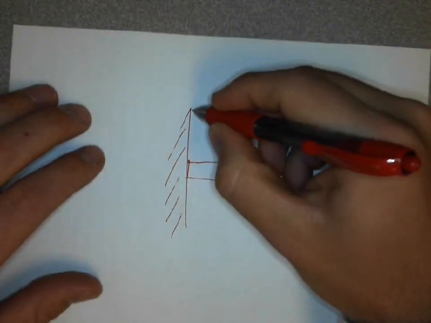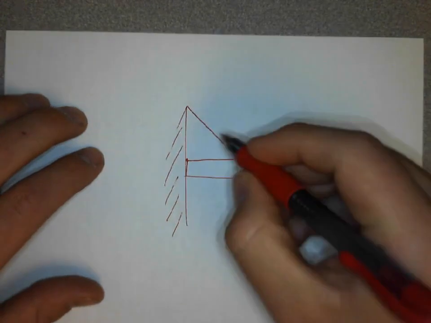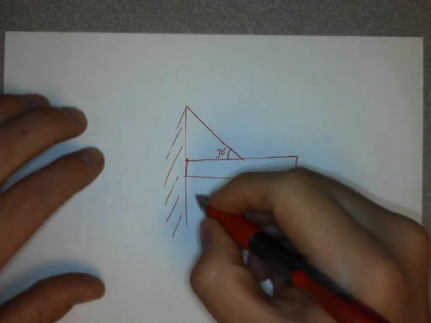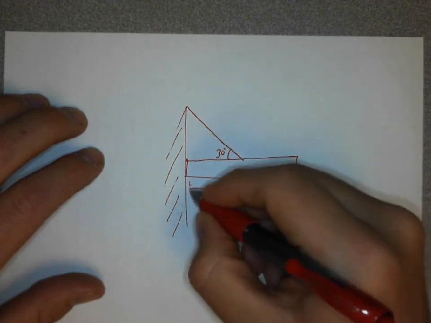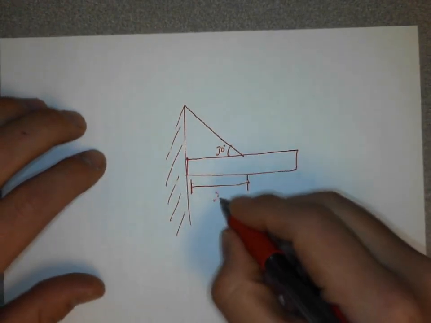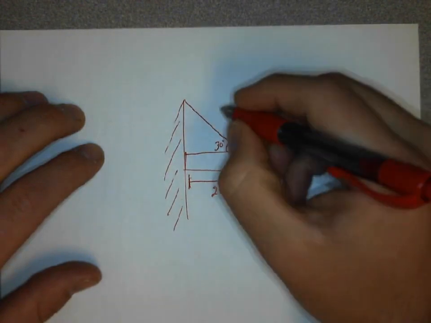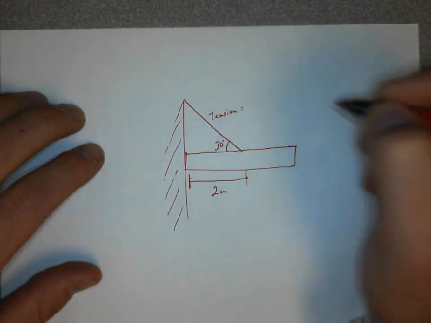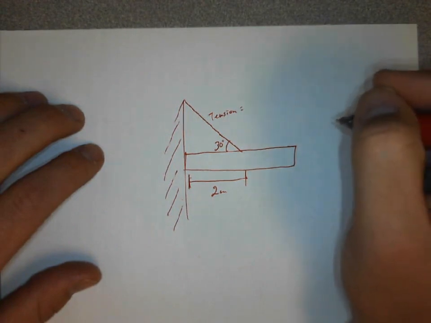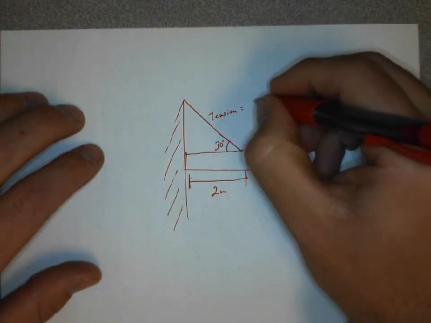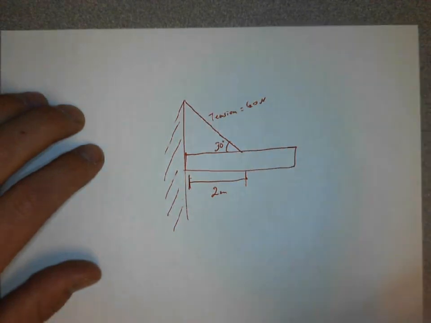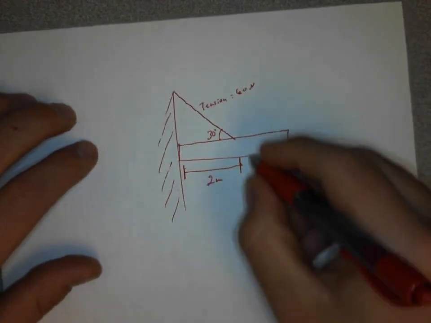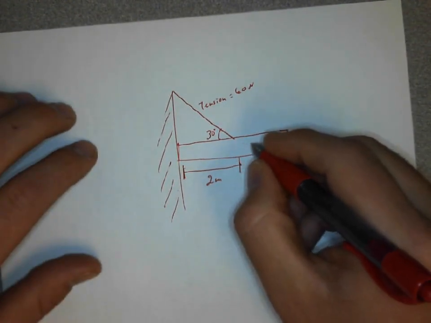And let's say I've got a rope attached at a 30-degree angle, at say this distance, let's say it's 2 meters again. And we can say the tension in the rope is equal to, I don't know, 60 newtons. Kind of small, but whatever. And we want to know what the torque is acting on the beam.